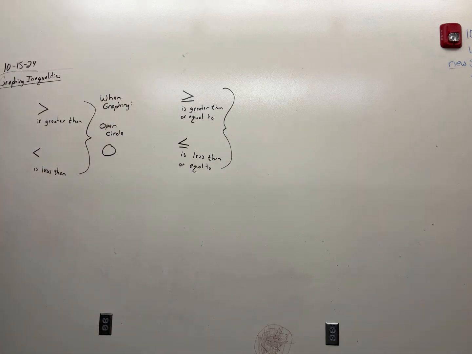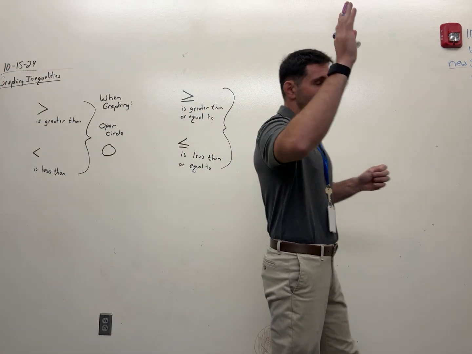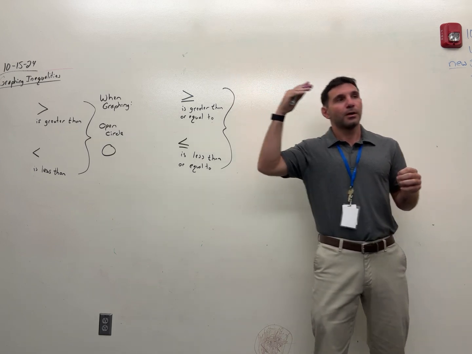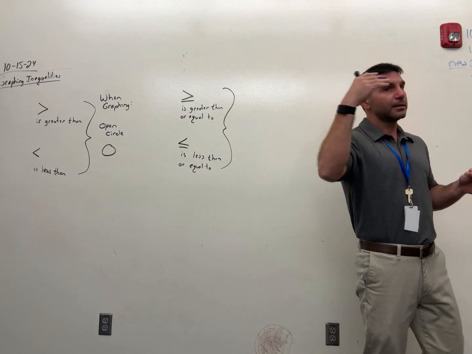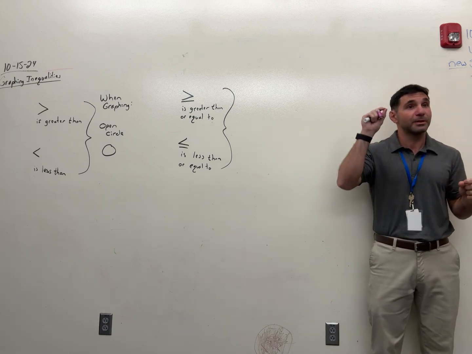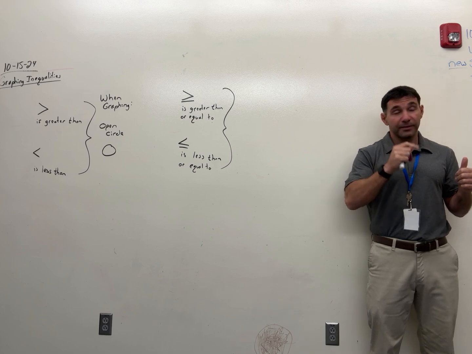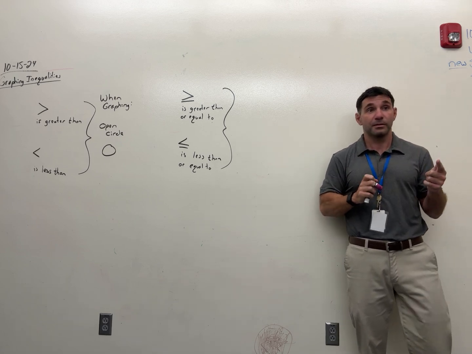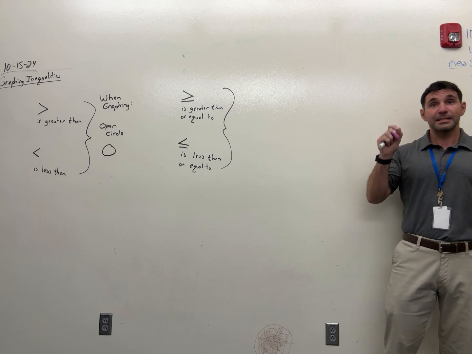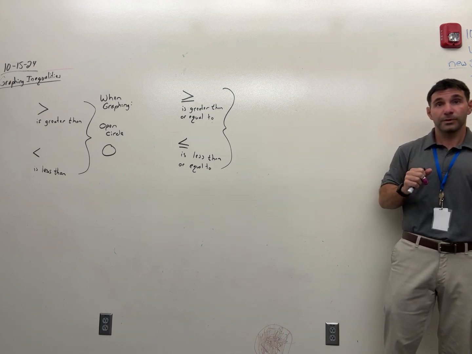Now, here's my question. If I want something that is less than or equal to -7, close your eyes, envision a number line. Where's -7? What's less than negative? So I want is less than or equal to -7. Give me the most obvious answer that could be less than or equal to -7. -8. -8 works. What about -7? If it's is less than or equal to, is -7 less than or equal to?